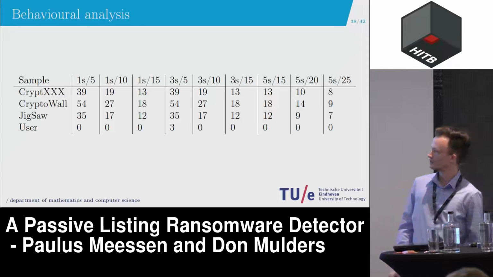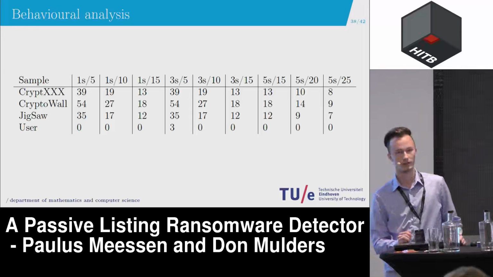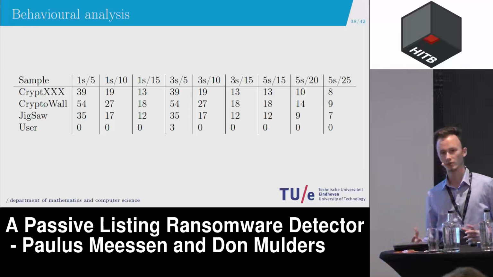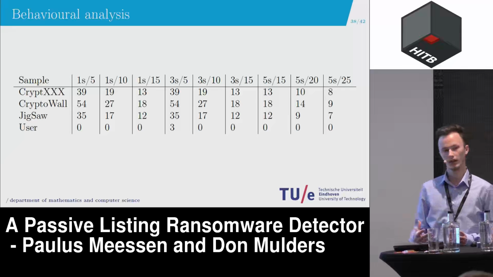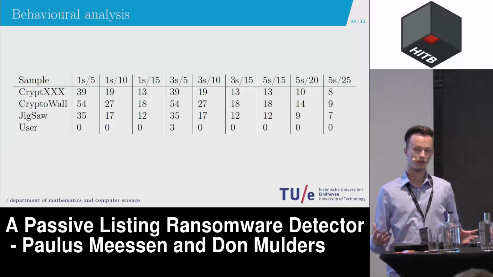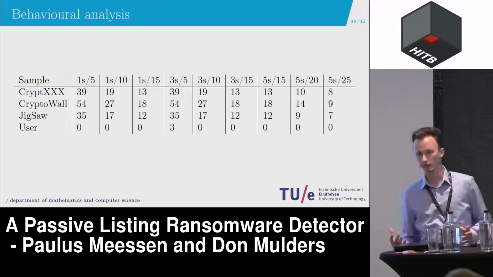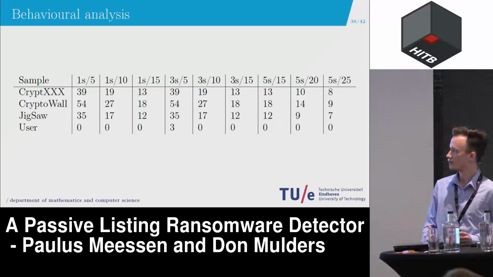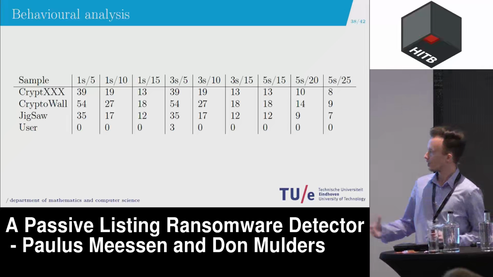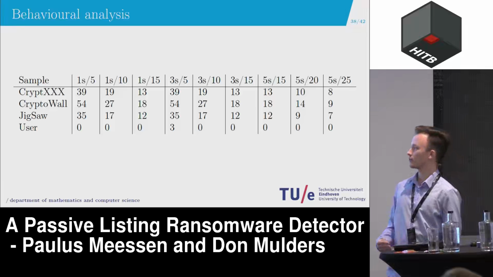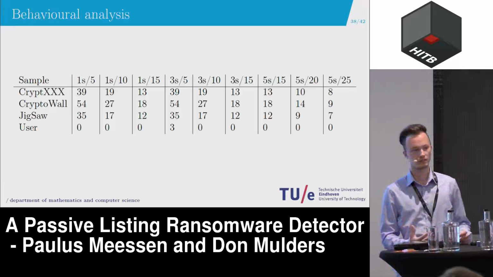What's interesting here is that the user had mostly zeros. This is because the encryptions that the user did were either far apart or just not enough encryptions were performed within the time span. There's only one instance where we can actually say, okay, the user is detected.